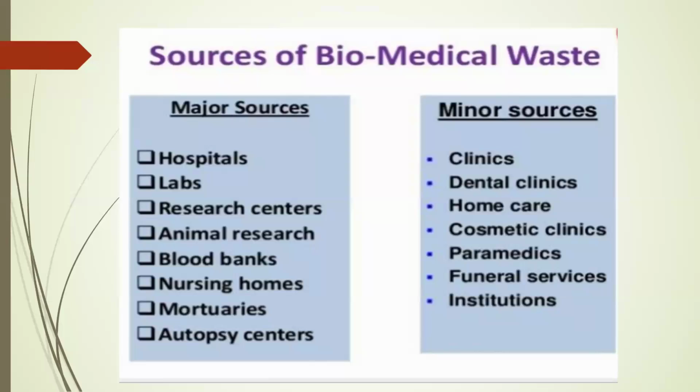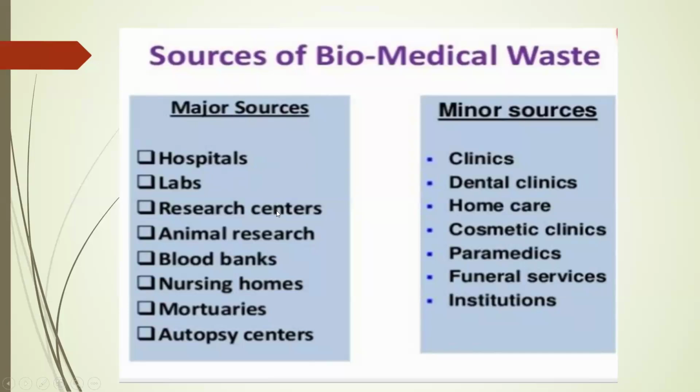This diagram illustrates the sources of biomedical waste divided into two categories, major source and minor source. In hospitals, the biggest contributors, waste is generated from various departments like surgeries, patient care, laboratories, and emergency rooms. Labs include diagnostic and research laboratories, producing waste from testing samples, cultures, chemicals, and reagents.